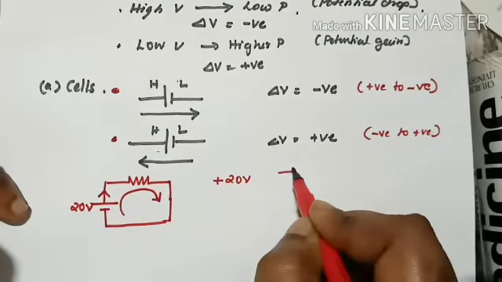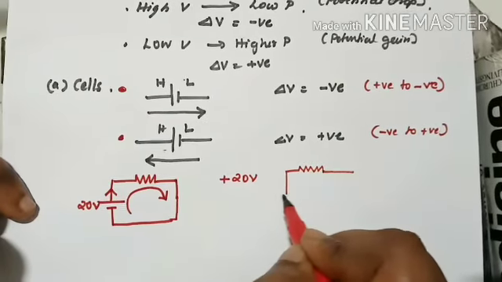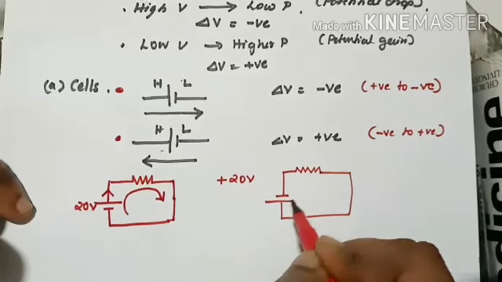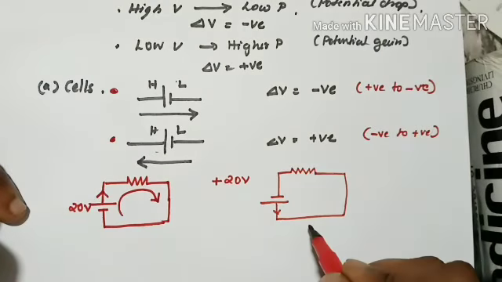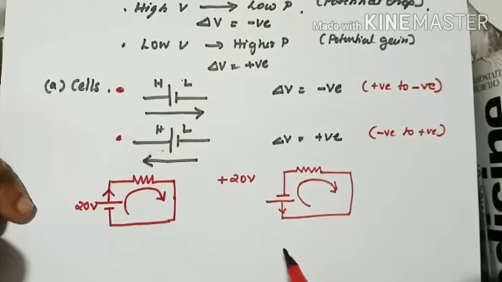So when I am moving from negative to positive, you would ask me whether I can write it another way. Suppose this is negative and this is positive, right? So the current obviously will be flowing in this direction, and suppose I am again moving in a clockwise direction.